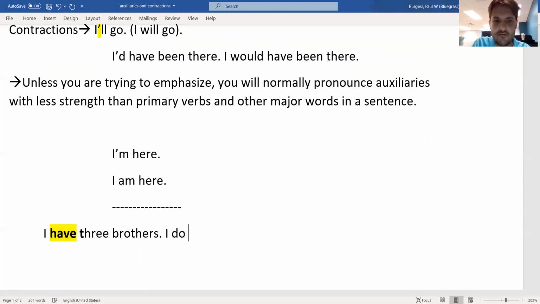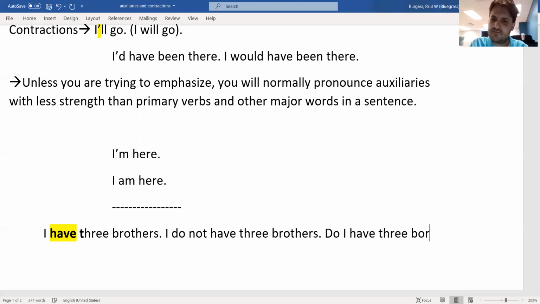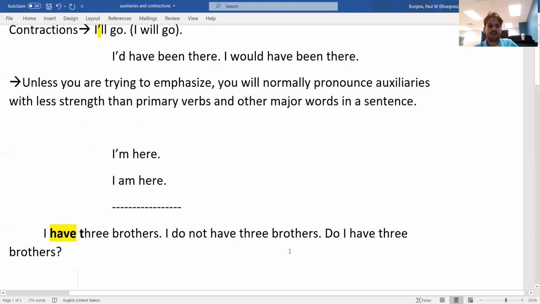The negative form, I don't have 3 brothers. All right, and then maybe I'm asking myself because I got drunk and forgot or something, do I have 3 brothers? All right, but something to notice here. This is the primary verb and it acts like a normal verb.